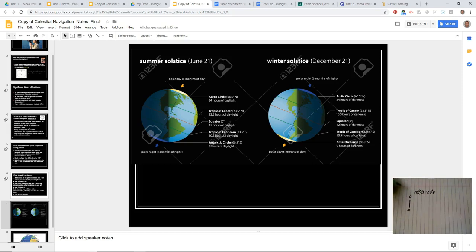Well, hopefully you realize, 4 p.m. that's later, so I'm going to go this way. Remember every 15 degrees is 1 hour. So at 15 degrees east, it's 1 o'clock. At 30 degrees, it's 2 o'clock. At 45 degrees, it's 3 o'clock. And 60 degrees, it's 4 o'clock.